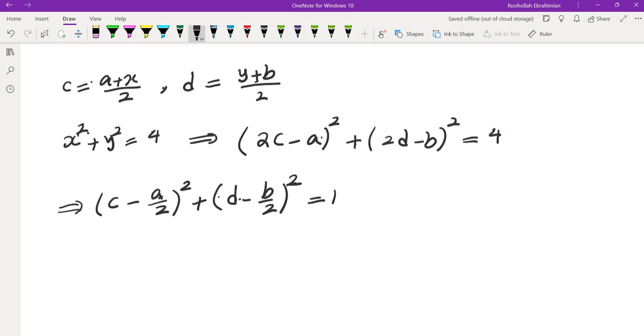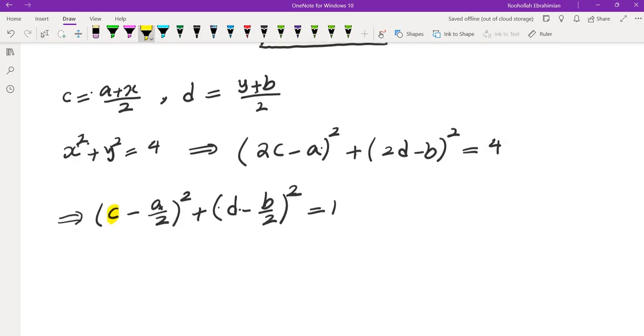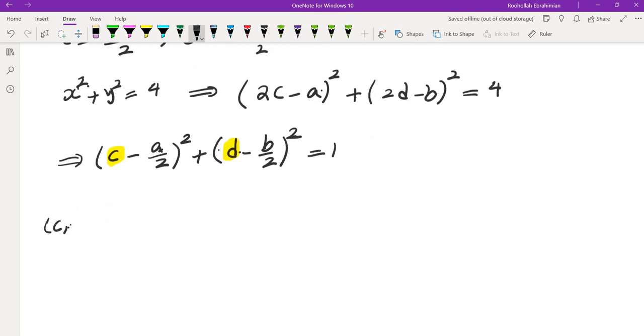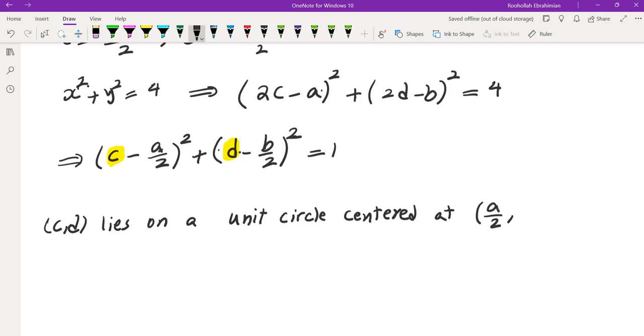So what does this mean? It means (c, d) lies on a unit circle centered at (a over 2, b over 2).